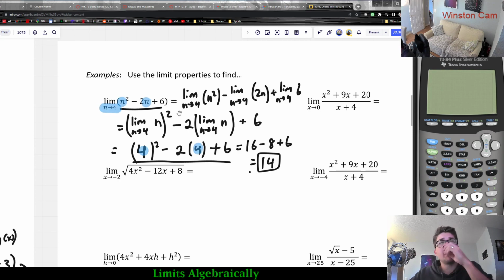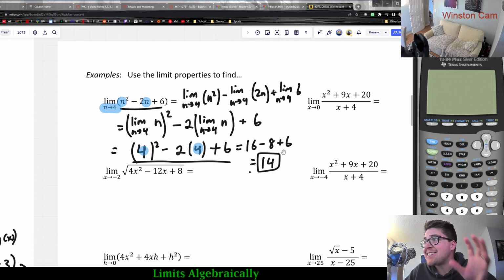The conclusion you might draw is that the limit as n approaches 4 of this function just results in evaluating the polynomial at that value, because with limits I can take out the exponents, I can separate them through the addition and subtraction, and what I end up with is just the limit of n at the end of the day, which is equal to the target of the limit.